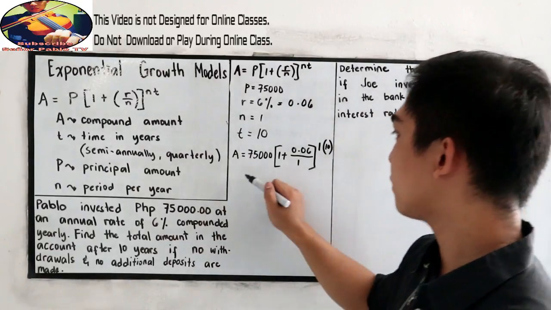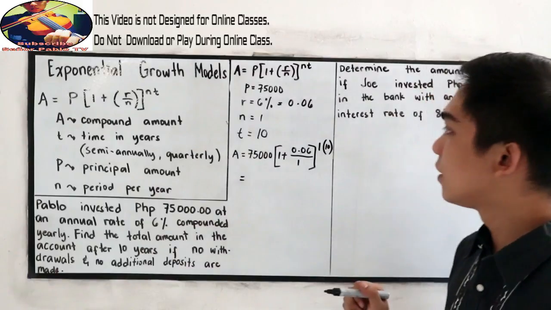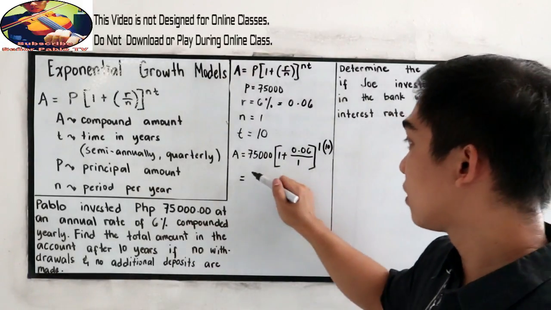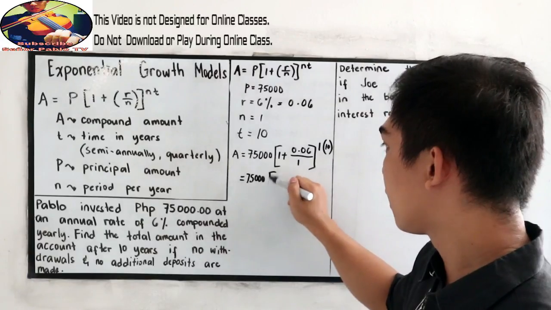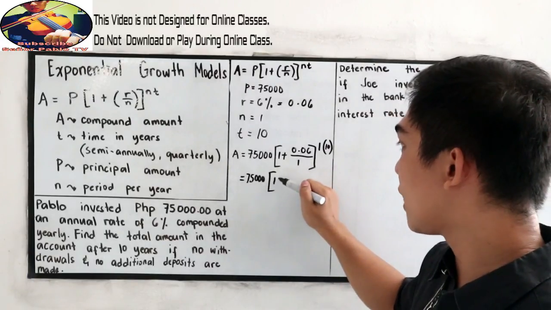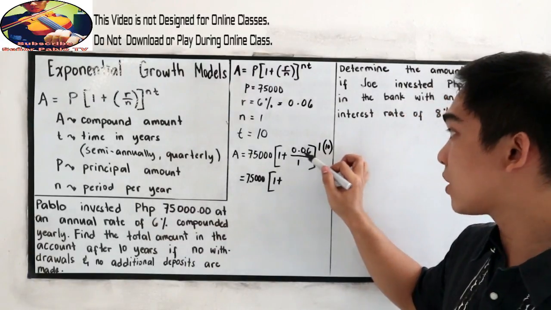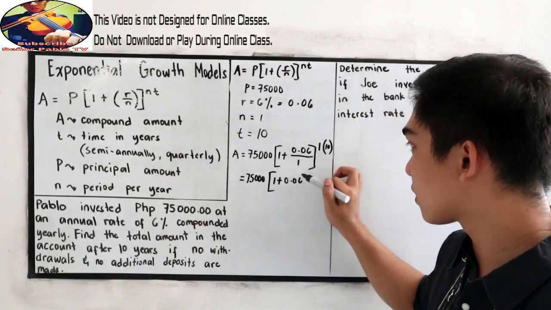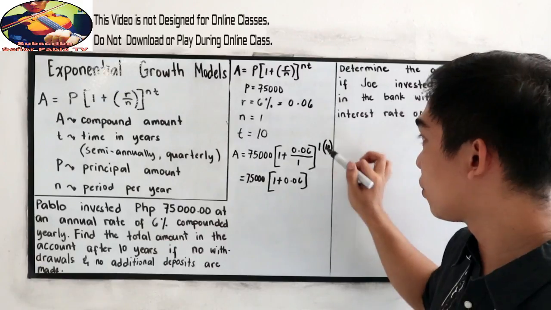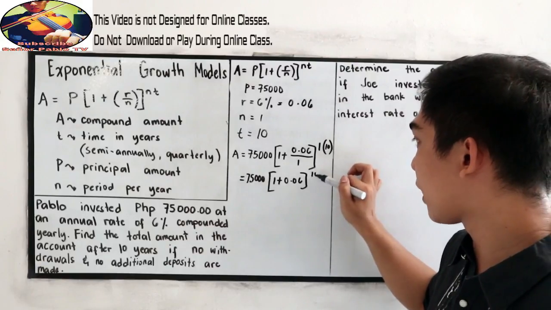Okay. Now we have 75,000 times 1 plus 0.06 divided by 1, that is 0.06, raised to 1 times 10, this will become 10.